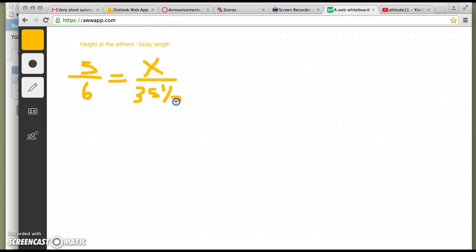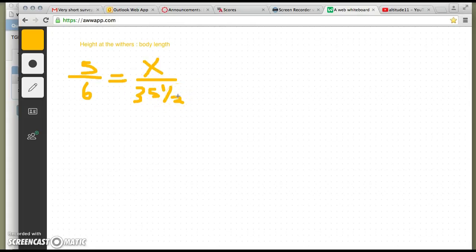All right. So here are our two ratios. In other words, here is our proportion. Height at the withers to body length, height at the withers to body length, must be equal to height at the withers to body length.